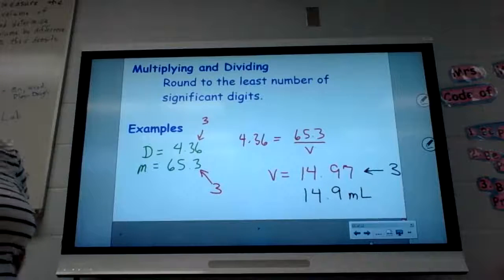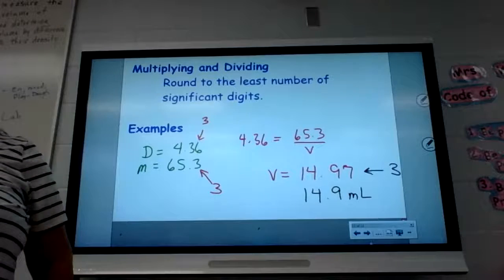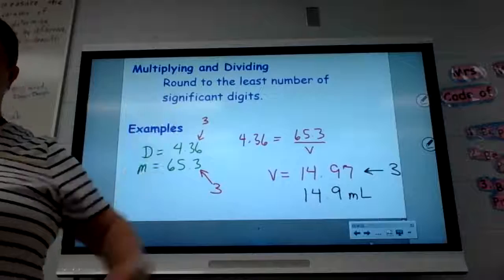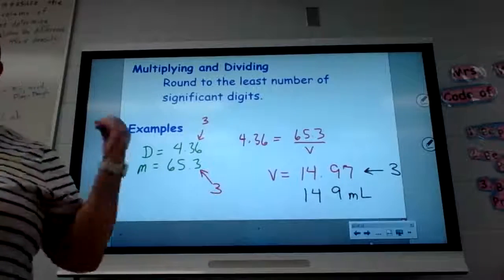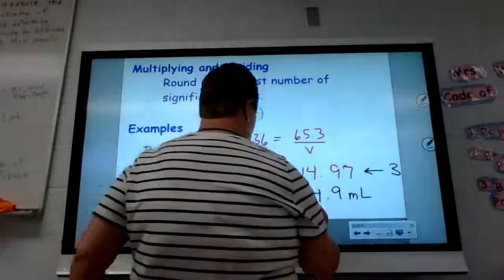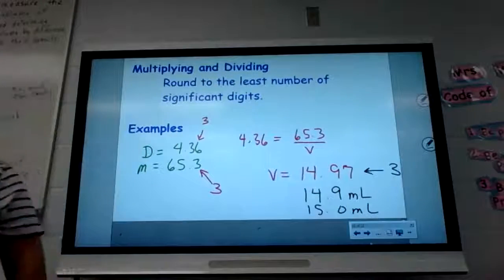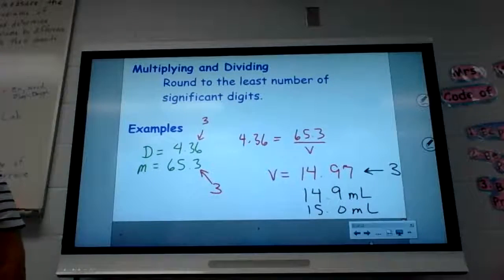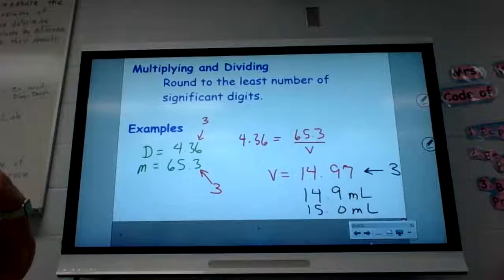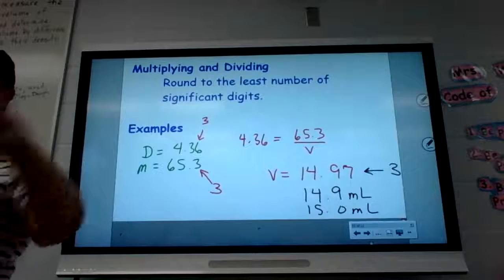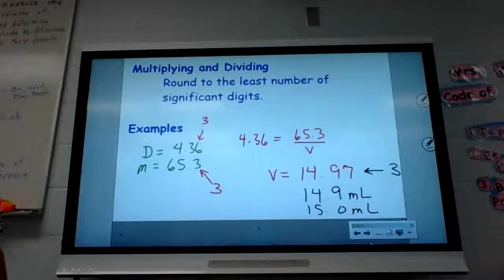I don't care if you can't round a number this semester. Okay? I'm grading significant digits. Now, if you're a rounding whiz kid and you're like, it's 15.0, Ms. Wall, cool beans. I will take either answer. Okay? I don't care as long as you have the correct significant digits. That's what I'm grading. And FYI, none of this is on the final exam.